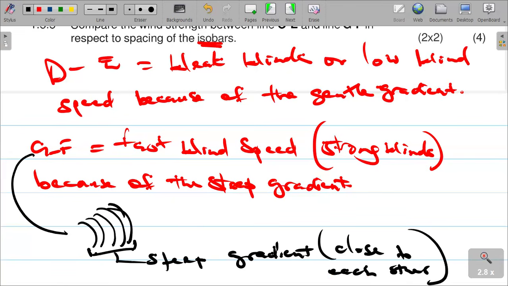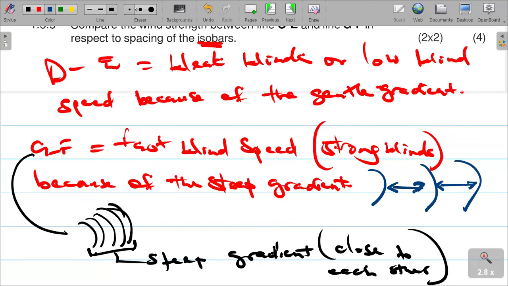That's what happens there. However, if we are talking about these ones, they are quite spaced. On the other one, they are quite spaced, which shows that this is a gentle gradient. The spacing of the isobars identifies that we can have a gentle gradient, unlike on the other side.